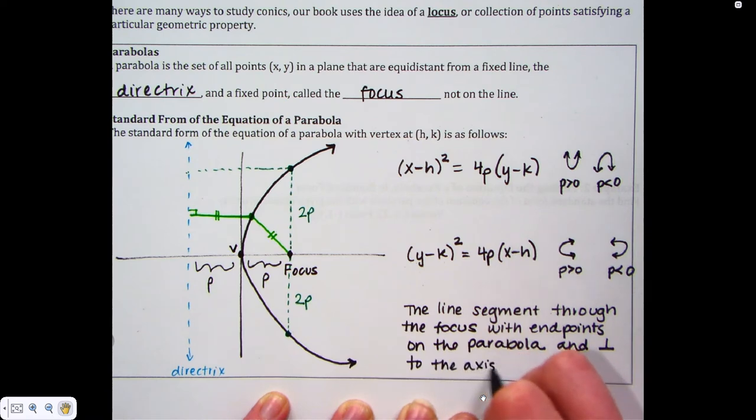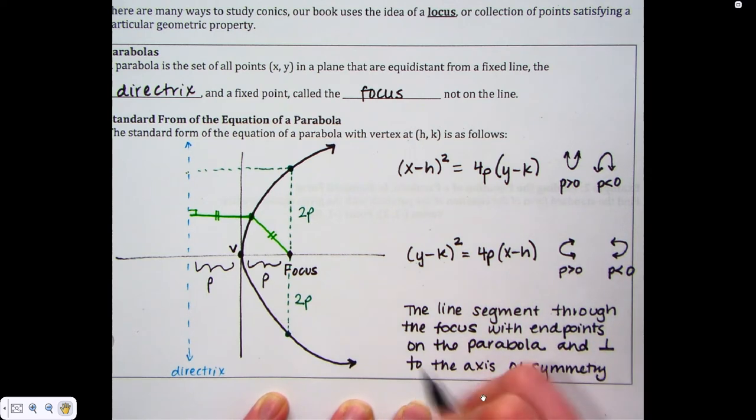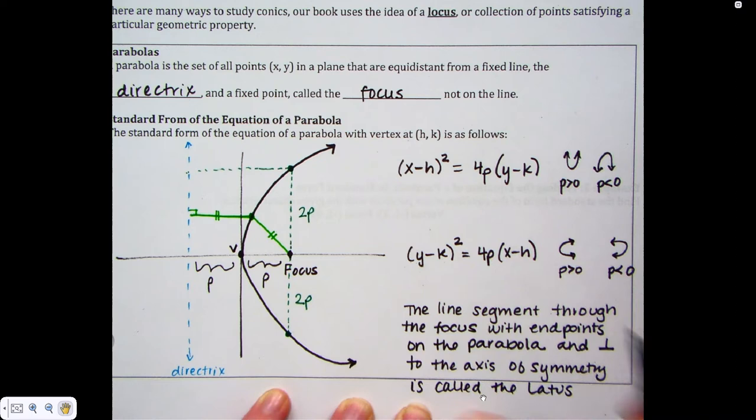We could imagine drawing the axis of symmetry right through the center. To the axis of symmetry is called the latus rectum.